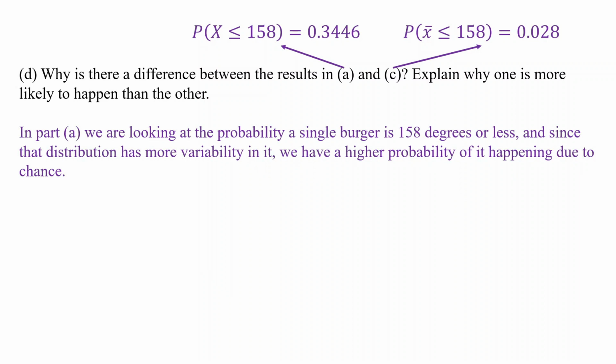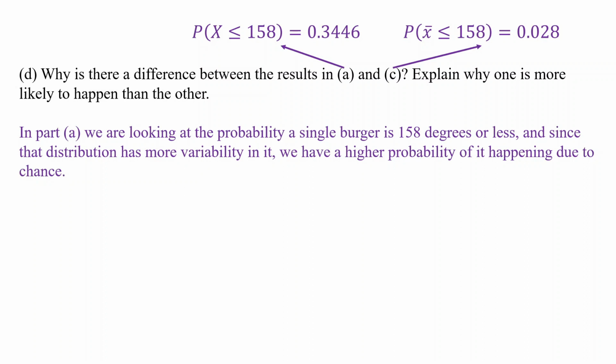Okay. So in part A, you're looking at a single burger. Now, since that distribution has more variability in it, in other words, the population has a standard deviation of 5, which is larger than the sampling distribution standard deviation of 1, you have a higher probability of it happening due to chance.